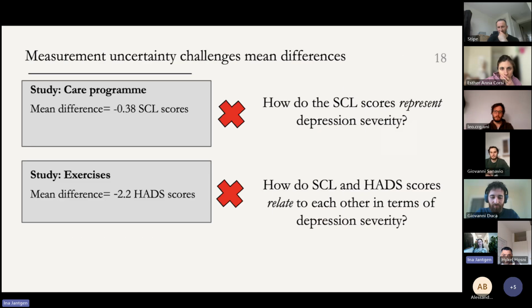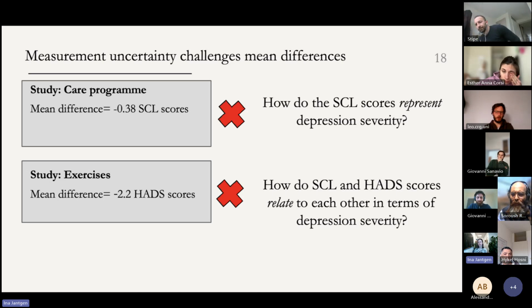More specifically, researchers may on the one hand be uncertain how to interpret a particular mean difference, because they may be uncertain about how the measurement scale relates to the measured property. So for instance, you might be uncertain what minus 0.38 checklist score represents about a reduction in depression severity, because you might be uncertain how checklist scores represent depression severity.